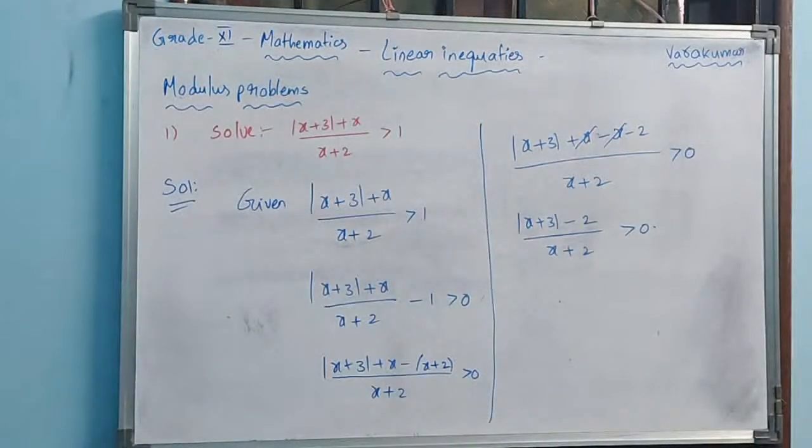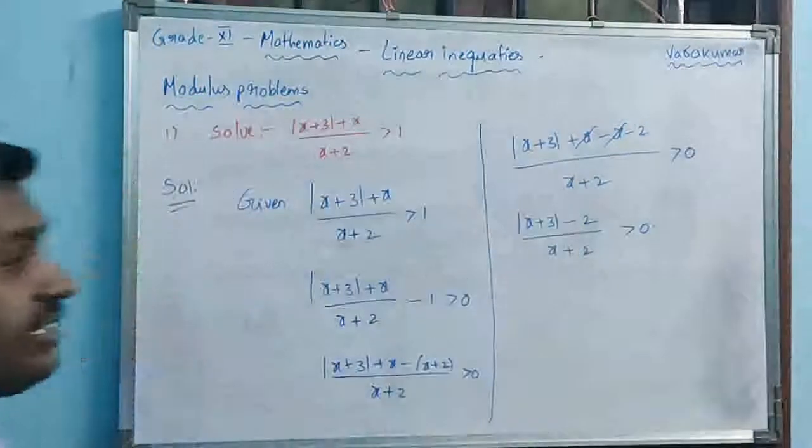After this we are supposed to simplify |x + 3|. Here again two cases will arise.